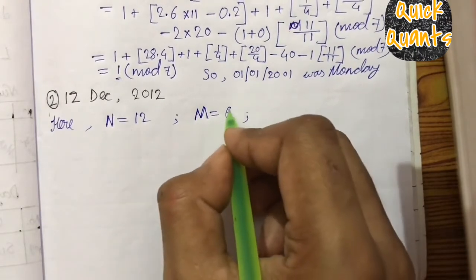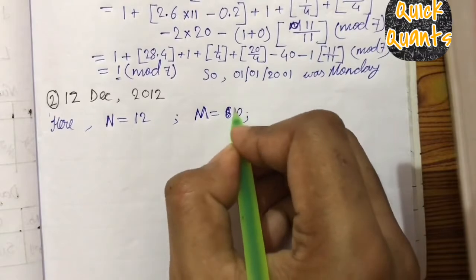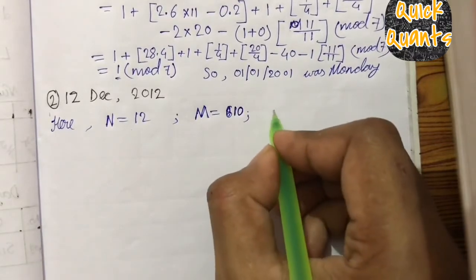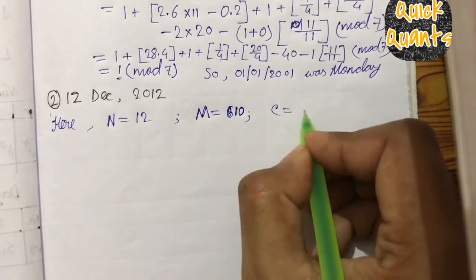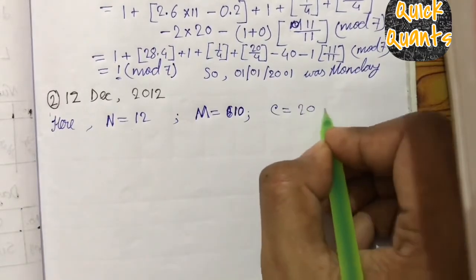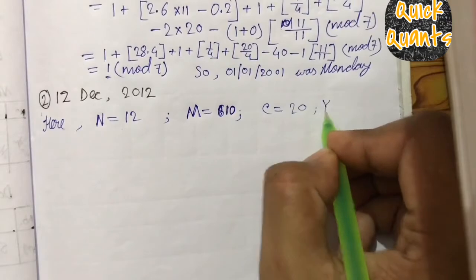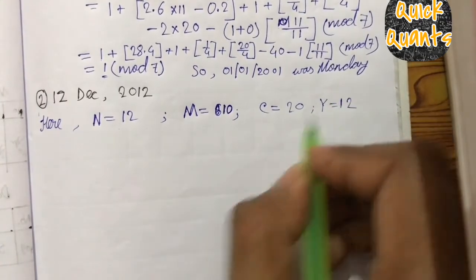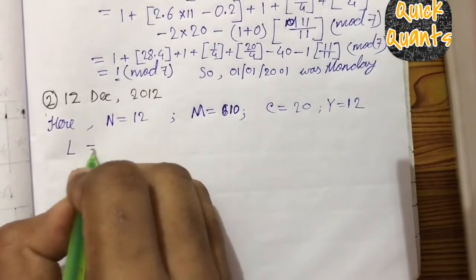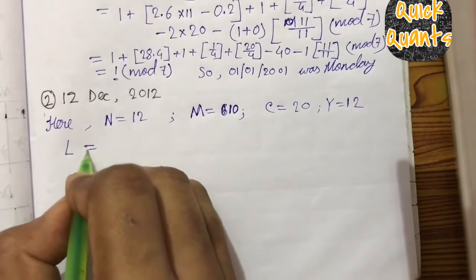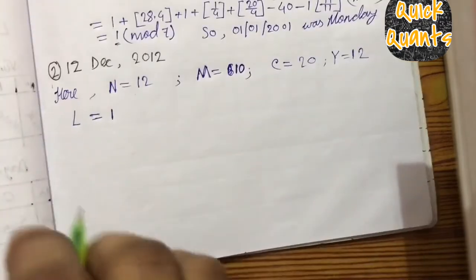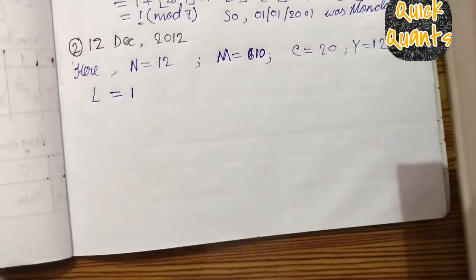M becomes 10, not 6. It is 10. C, the first 2 digits, is 20 of the year, and Y, the last 2 digits, which is 12 of the year, and L is here. It's a leap year, so L becomes 1. Now let's find the day.